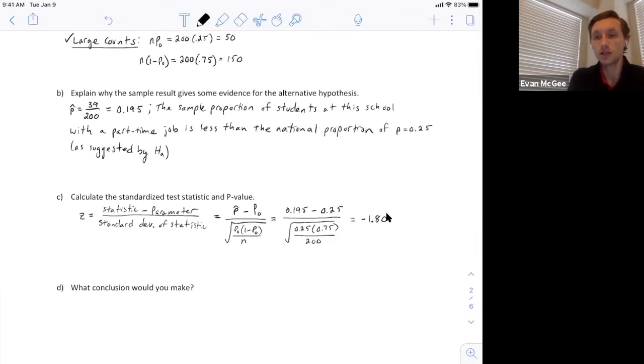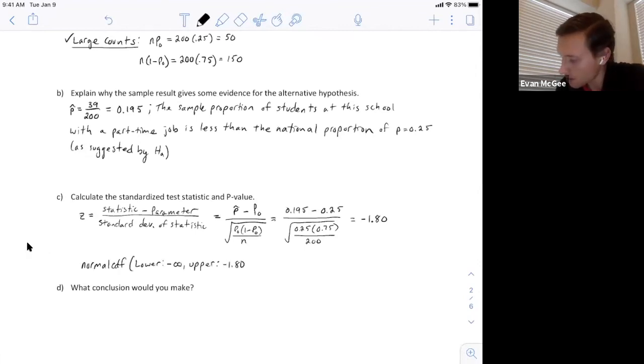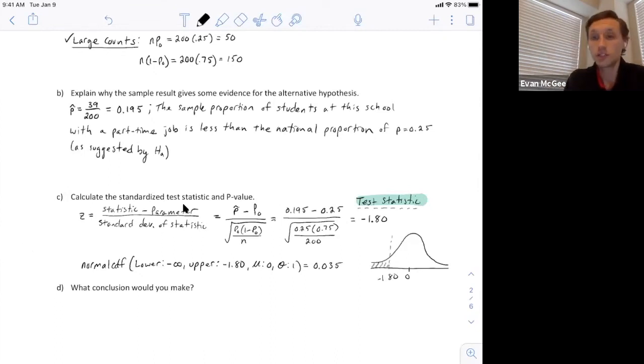So now we can use our test statistic to calculate the p-value. Just to give you a visual of what we're doing, we're taking our test statistic, our z-score, finding the area, the probability of it being negative 1.8 or more extreme. So that's why we have lower from negative infinity, upper to negative 1.8, and the mean and standard deviation are 0 and 1. So our p-value is 0.035.